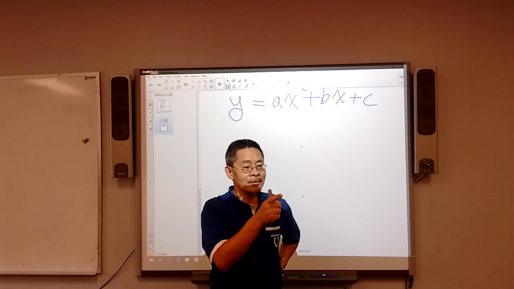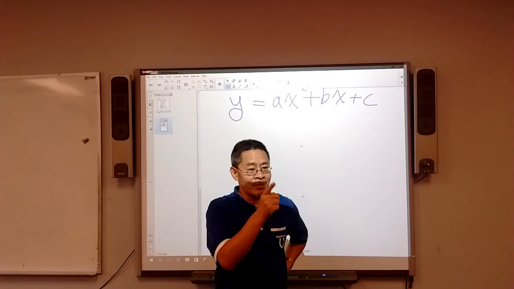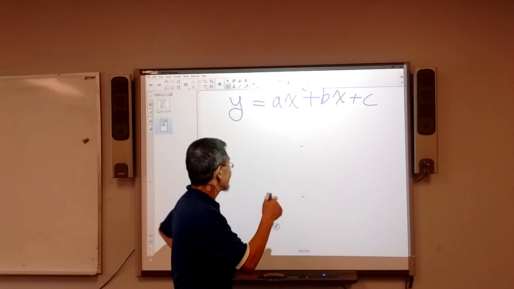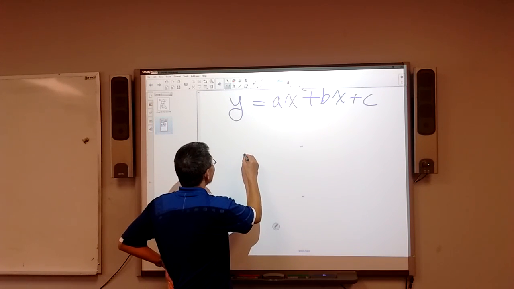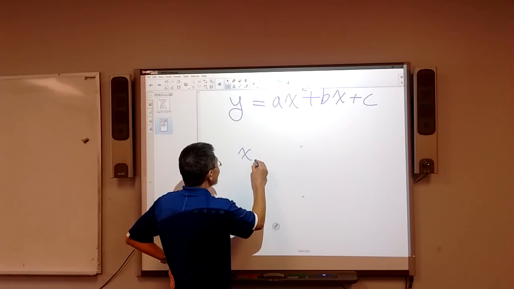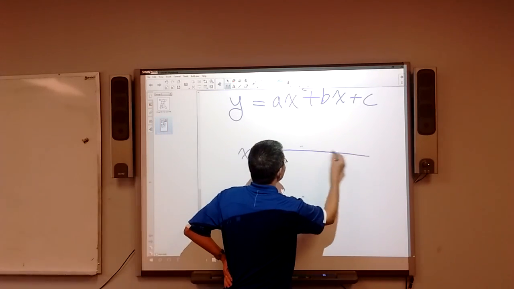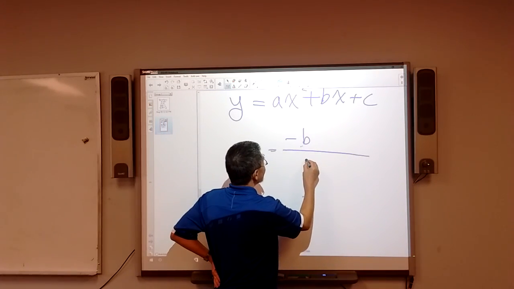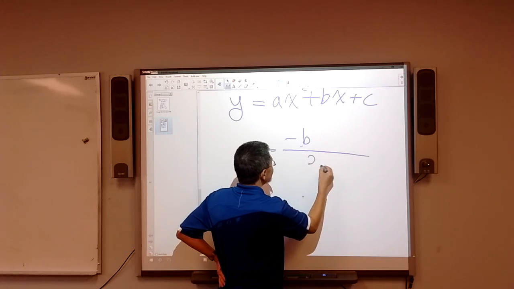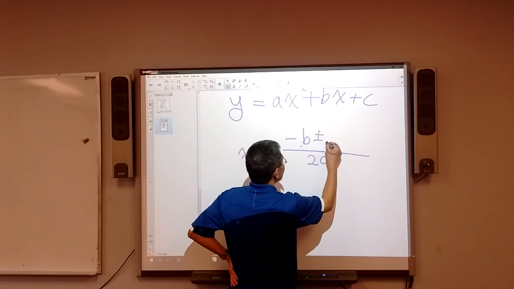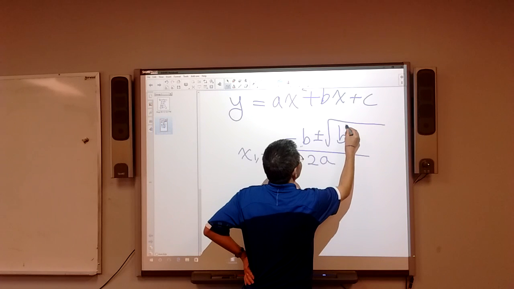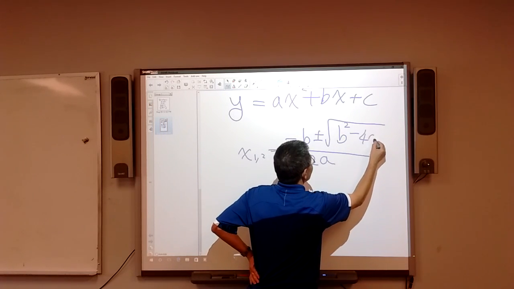It's b squared minus 4ac, whatever's in the radical.